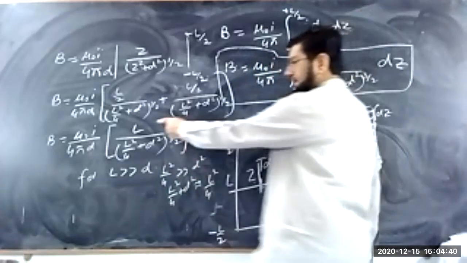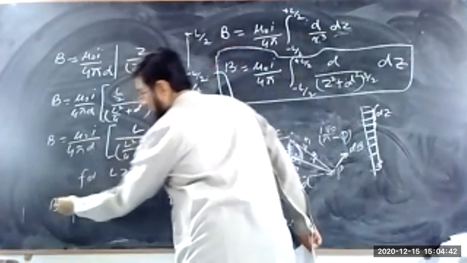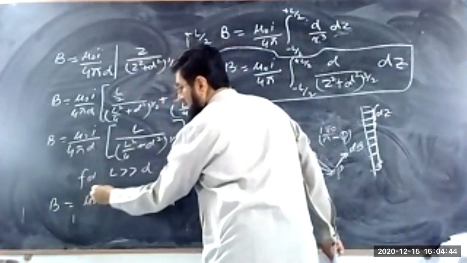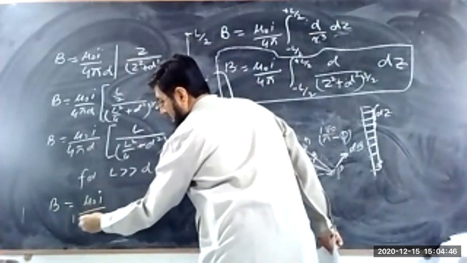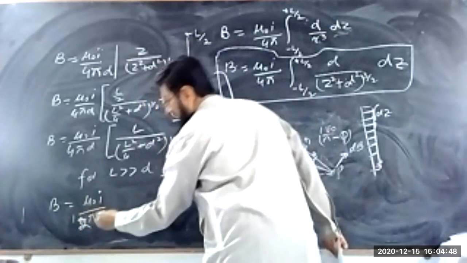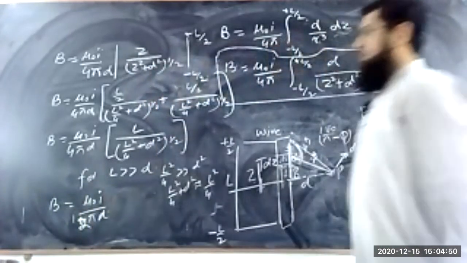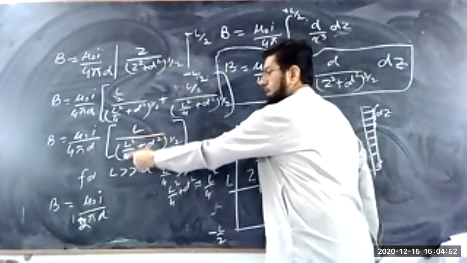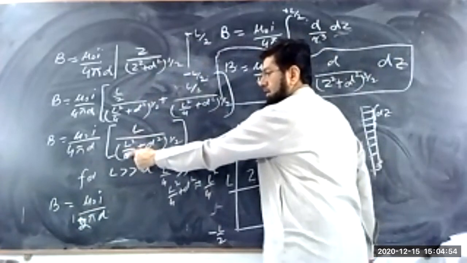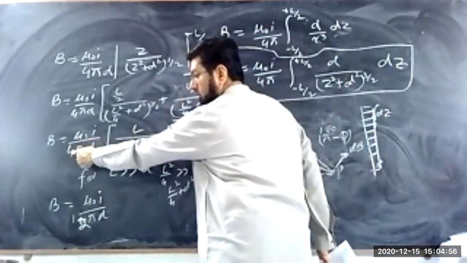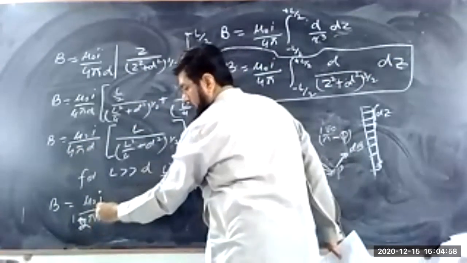The equation then becomes B is equal to mu naught I over 2 pi d, because the square root gives L upon 2, and cancelling 2 with the 4 gives 2 pi d.